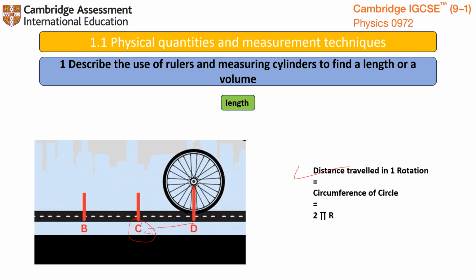The distance traveled in one rotation is equal to the circumference of the circle, which is nothing but 2 pi r, where r is the radius.